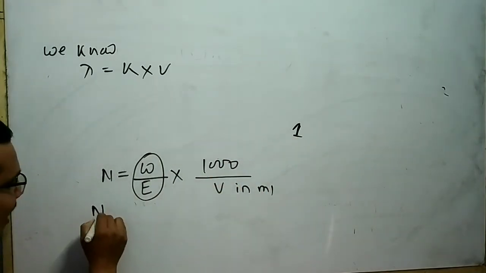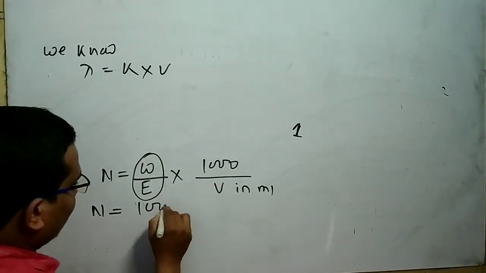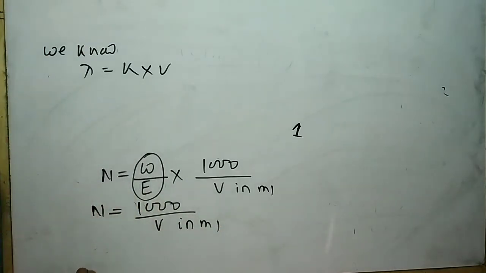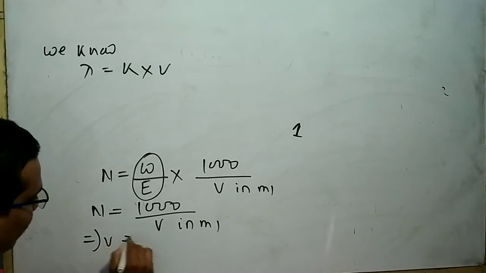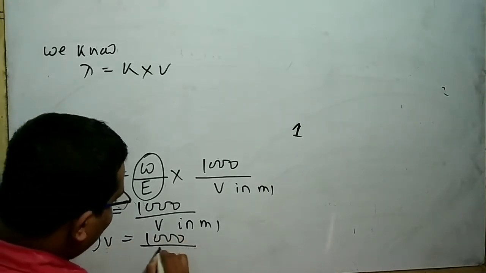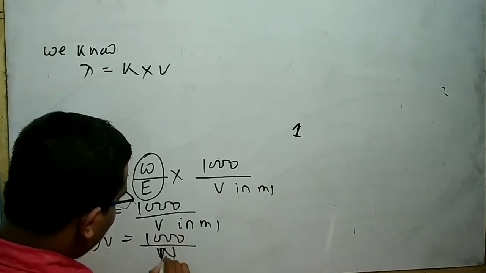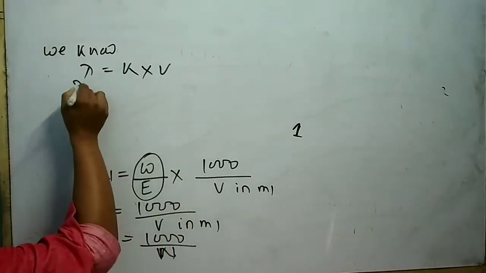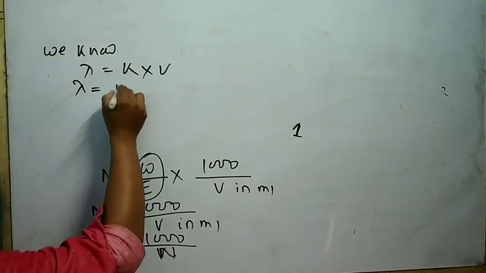That means N is equal to 1000 by V in ml. Now I can find V is equal to 1000 by N. Now put this V value in this equation.